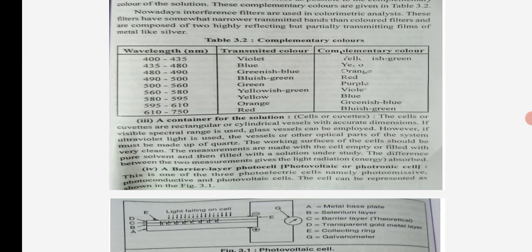The working surface of the cells should be very clean, and the measurement is made with the cell empty or filled with the pure solvent, and then filled with the solution under study, and the difference between these two measurements gives the light radiation absorbed by the container for this solution.